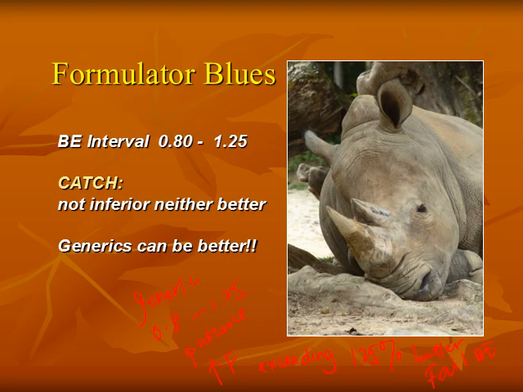So as a generic company, you can't market your drug because you fail the BE study. For a BE study, a generic cannot be inferior, but it cannot be better either. However, a generic can actually perform better than the innovator.